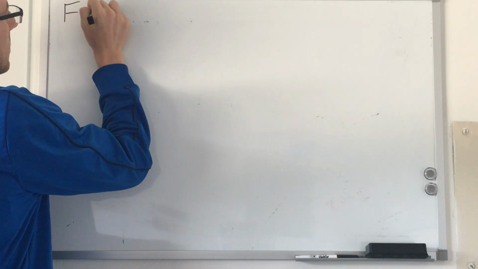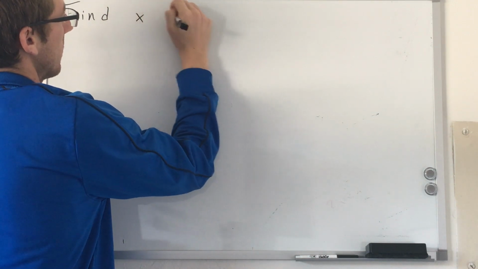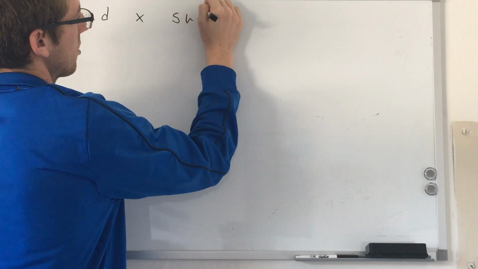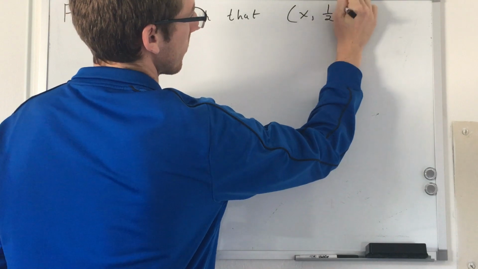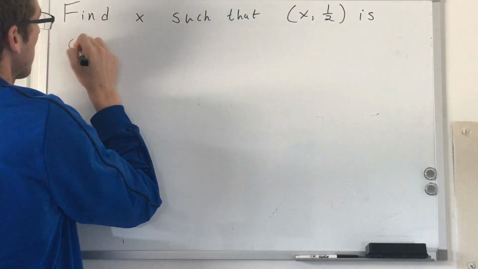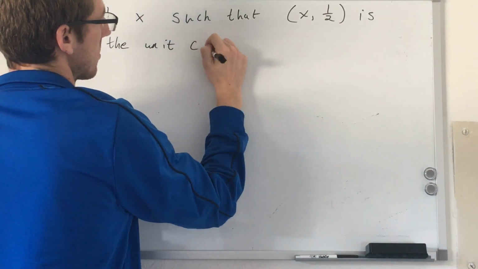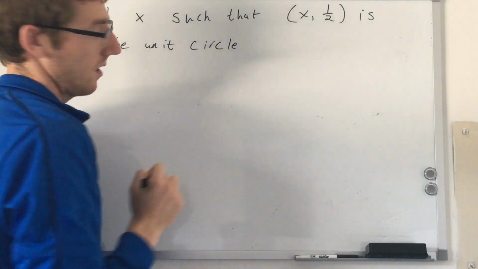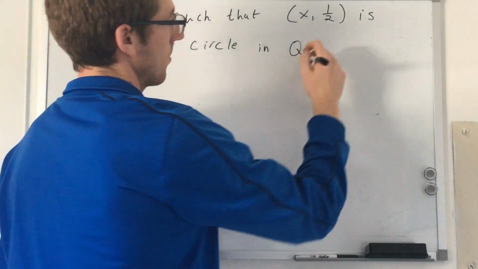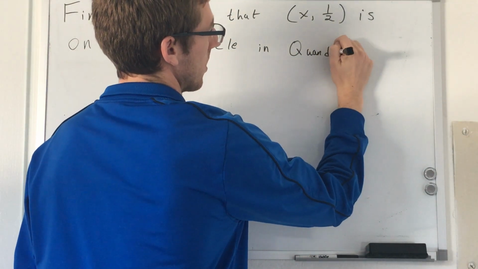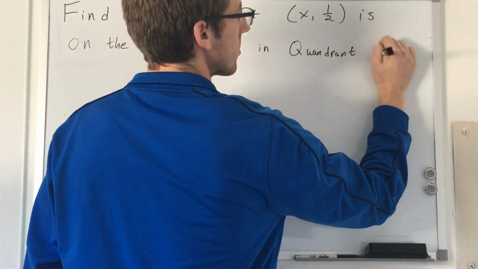Find x such that x, 1/2 is on the unit circle, and I'll say in quadrant 2. The Q stands for quadrant, but I'll write it out this time.